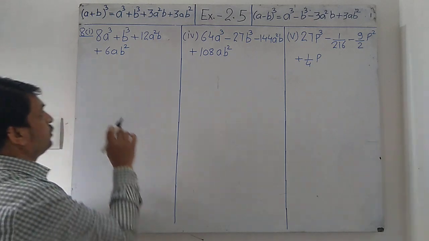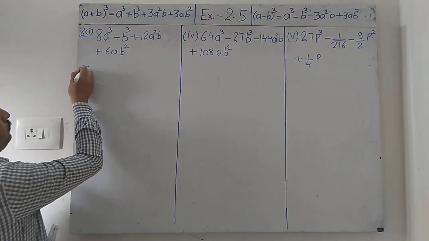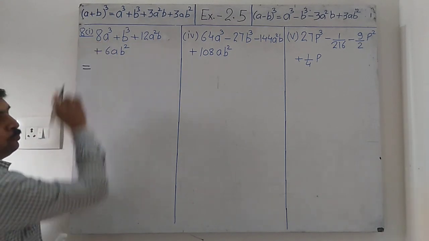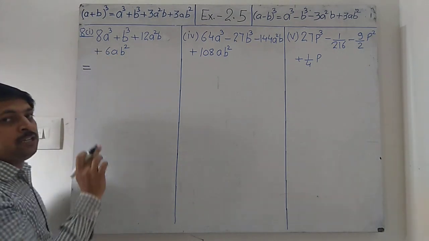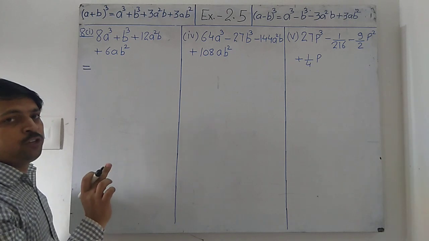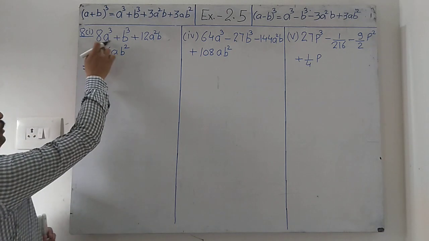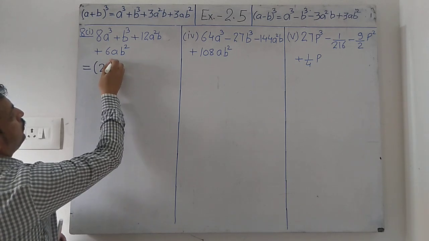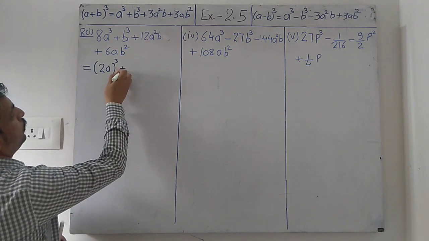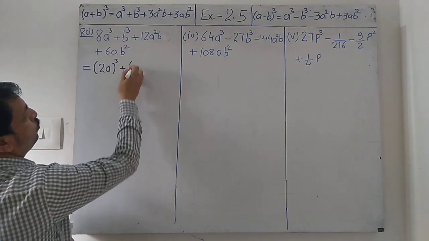Two cubic terms. See here, 8a cube. 8 is the cube of 2 and a cube is the cube of a. So 8a cube can be written as (2a) cube, plus b cube, which is the cube of b.